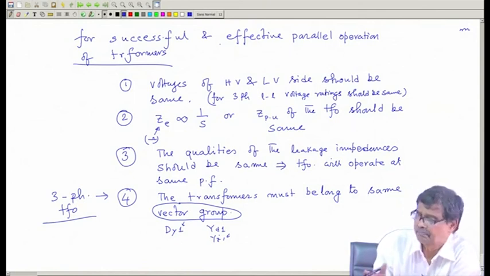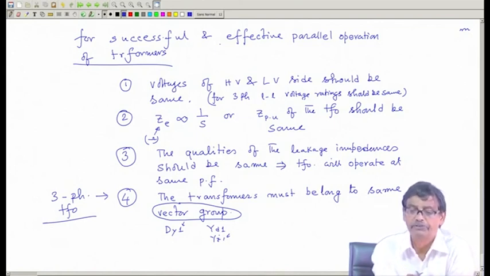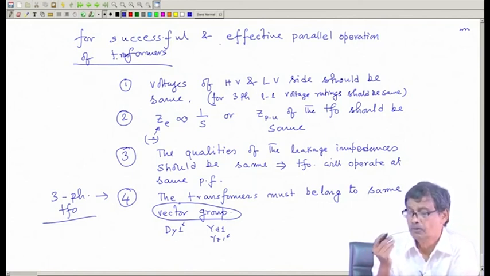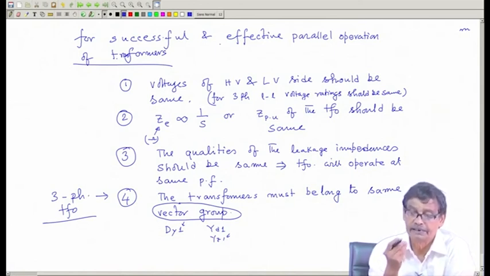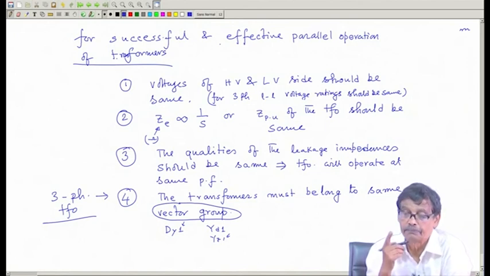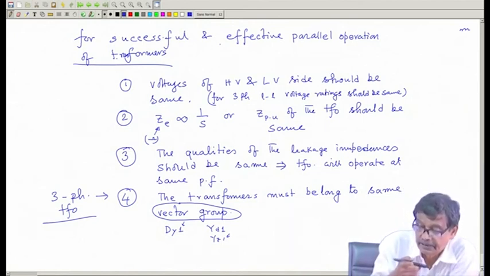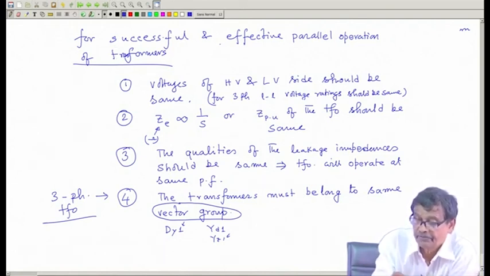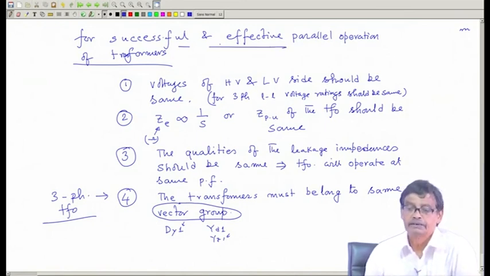Okay. So, this is in short, or whatever you call it, not so short, but I hope I have been able to give you some idea of how transformers can be operated in parallel, what is the need of making transformers operate in parallel, and most importantly you must have appreciated these conditions, why they are to be fulfilled in order that successful and effective parallel operation can be implemented.